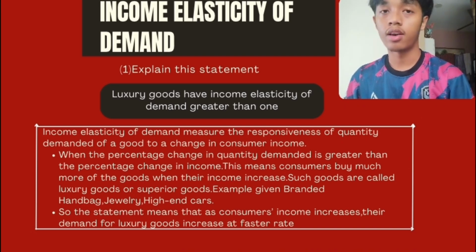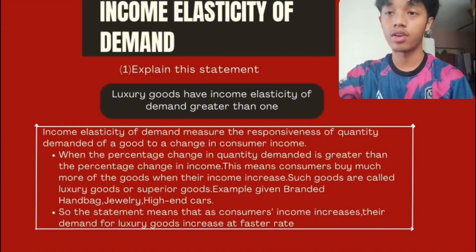Such goods are called luxury goods or superior goods. Examples are branded handbags, jewelry, and high-end cars. So the statement means that as consumer income increases, their demand for luxury goods increases at a faster rate.